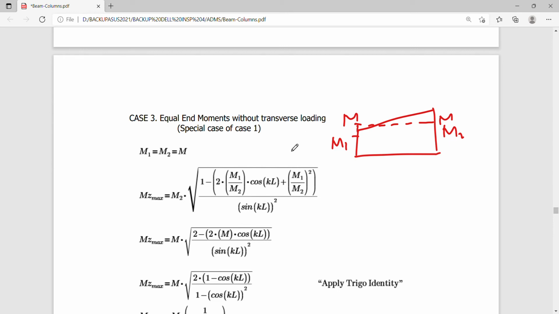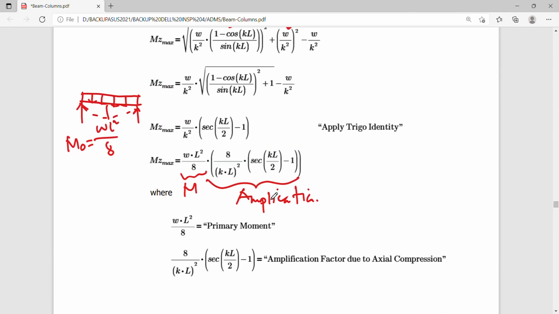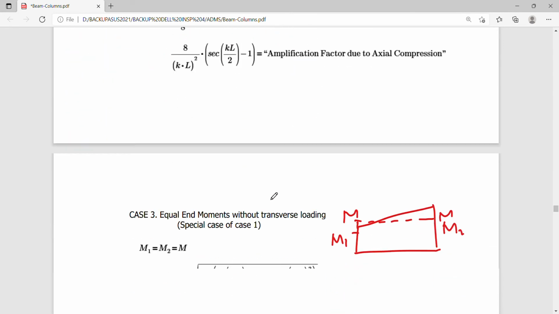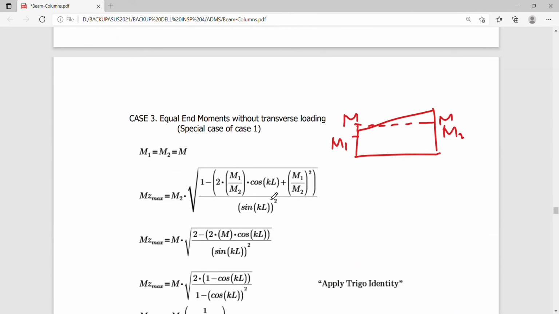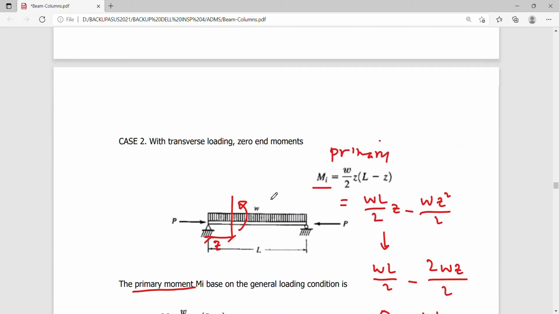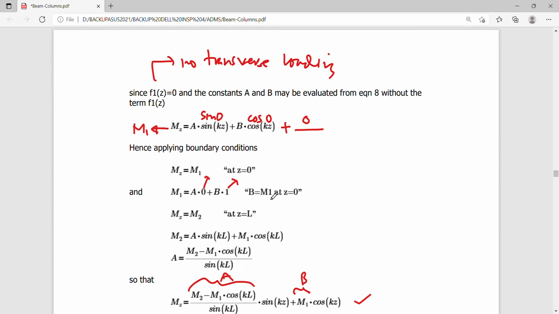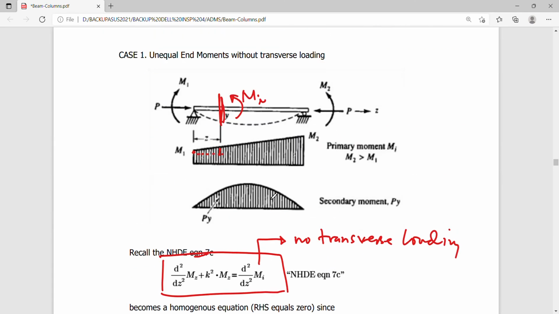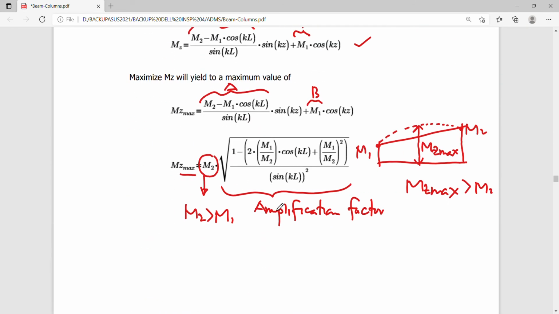Hence, this equation here coming from the first case. Okay, so let's take a look at the first case here. What we have derived is this one. Okay, so take a look at this.